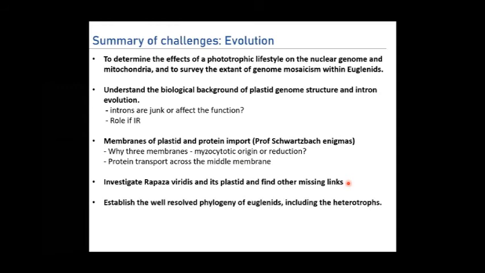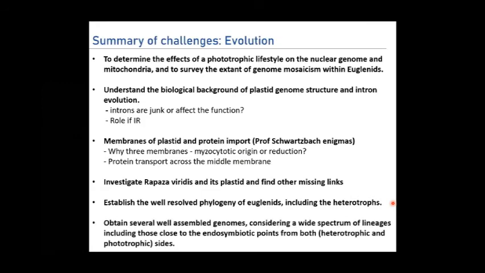So we should study it and establish the phylogeny of euglenids, including the heterotrophs, to know who were actually the hosts of the endosymbiosis, and obtain well-assembled genomes from a wide spectrum of lineages of euglenophytes, and not only genomes but also transcriptomes, which will of course help, as many other speakers mentioned already. And I would like to thank Michael for collaboration and you for attention.